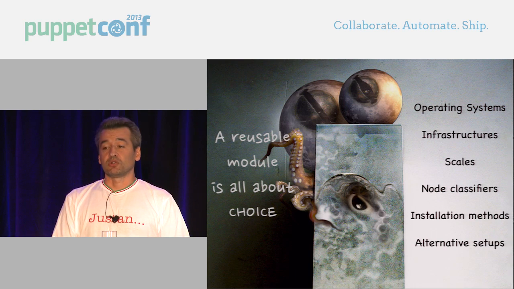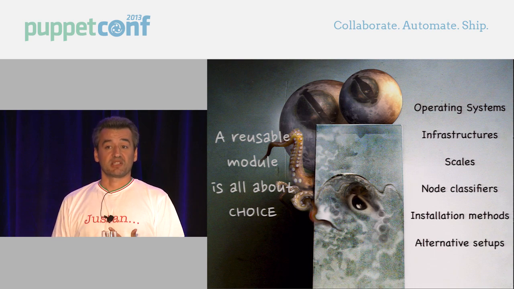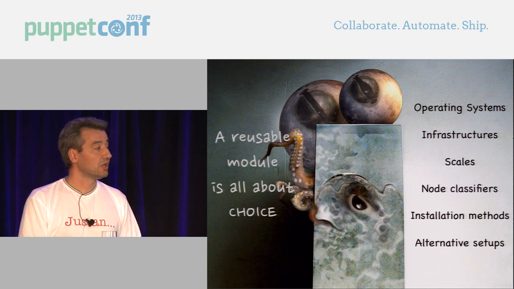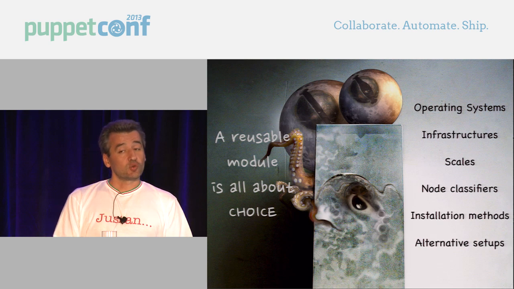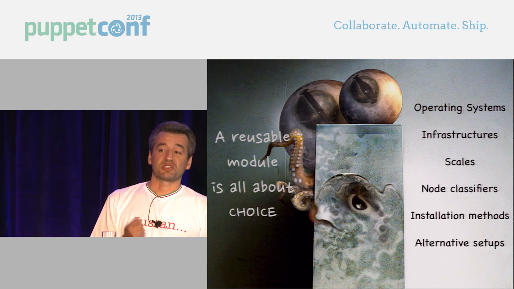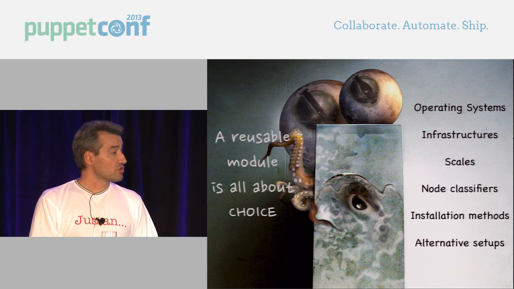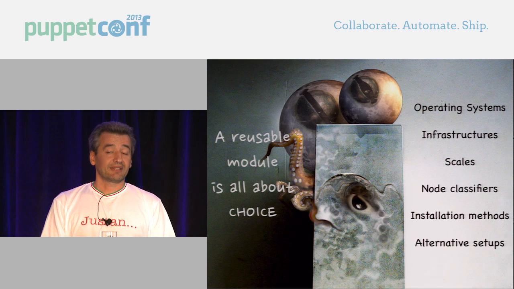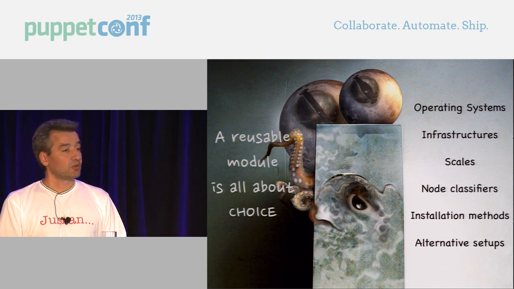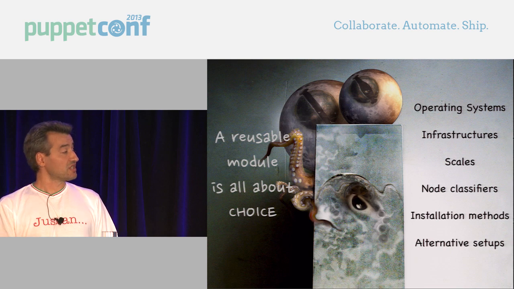It should be able to work with different node classifiers and with different methods to provide variables to the module. And in some cases it should provide alternatives, options on how to install the application the module provides, and alternative setups of that application. So all this is about reusability, and all this is about choice.